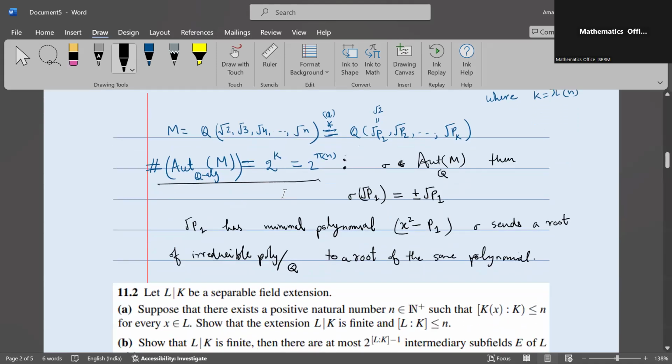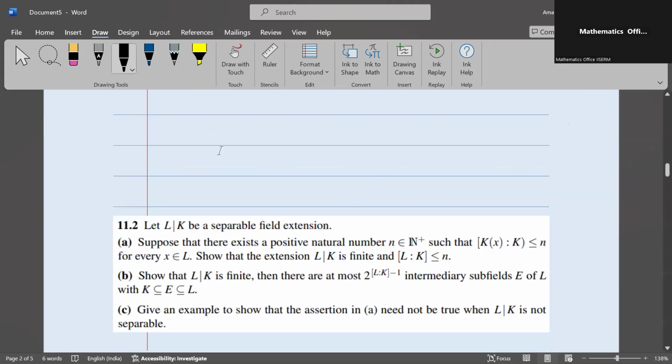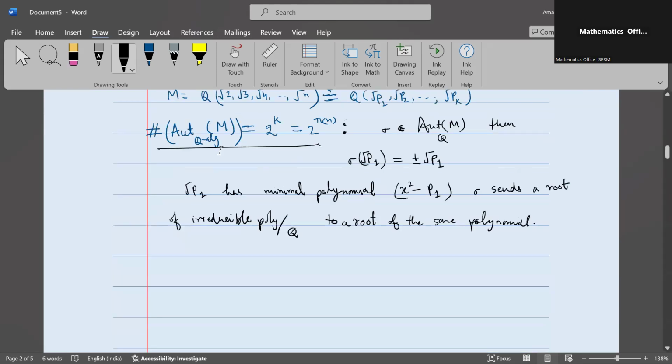So what will happen to other Pj's? Similarly, other root Pj's will go to plus or minus root Pj only.